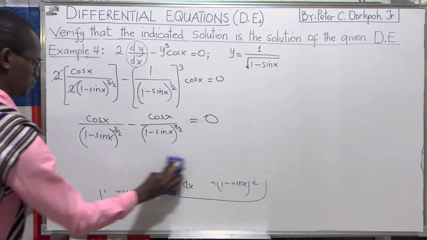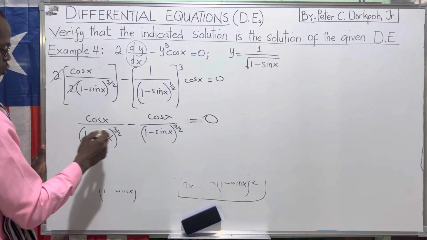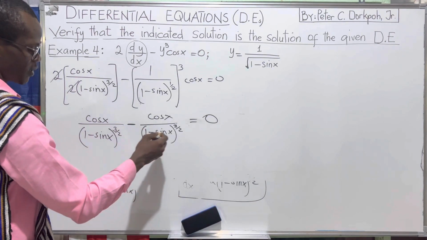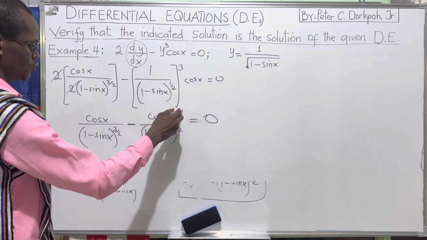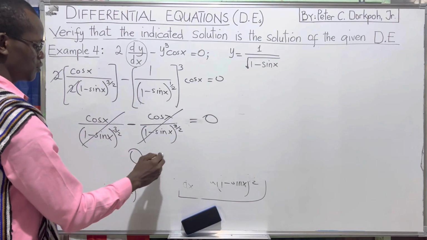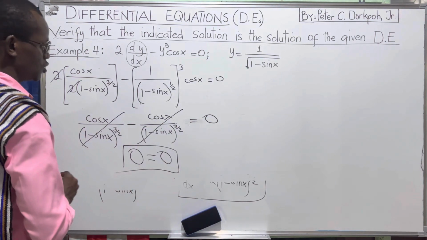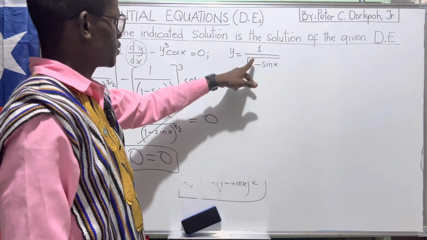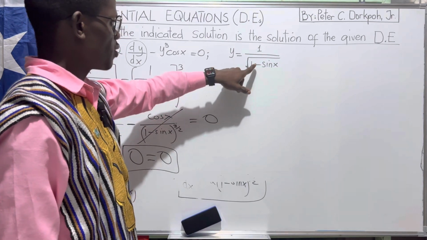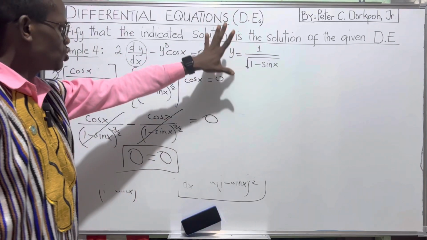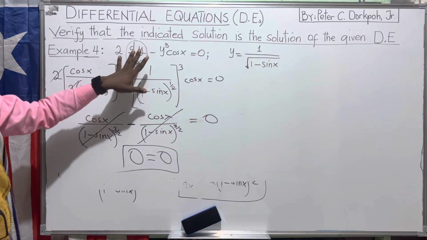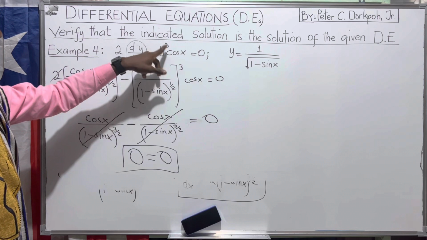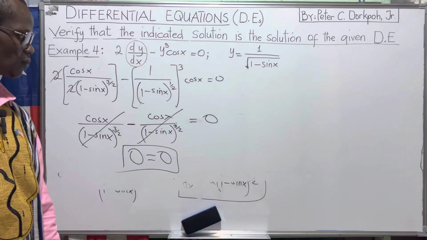So what do you observe? Cos of x all over 1 minus sine of x raised to the power 3 over 2, minus cos of x all over 1 minus sine of x raised to the power 3 over 2. This is equal to 0. So it has been verified that y equals 1 over the square root of 1 minus sine of x is actually a solution to this differential equation 2 dy by dx minus y cubed cos of x equals 0.